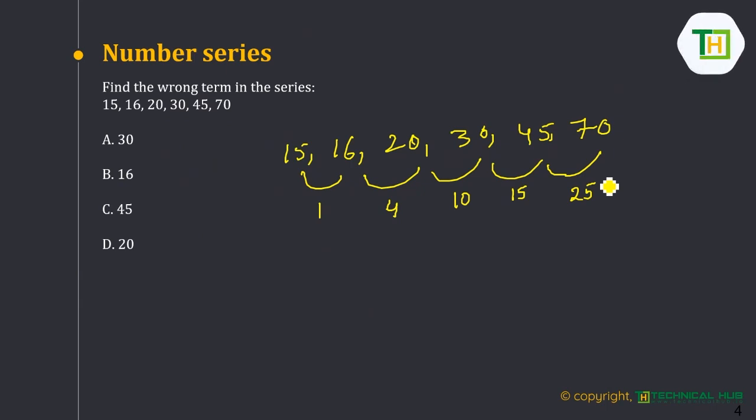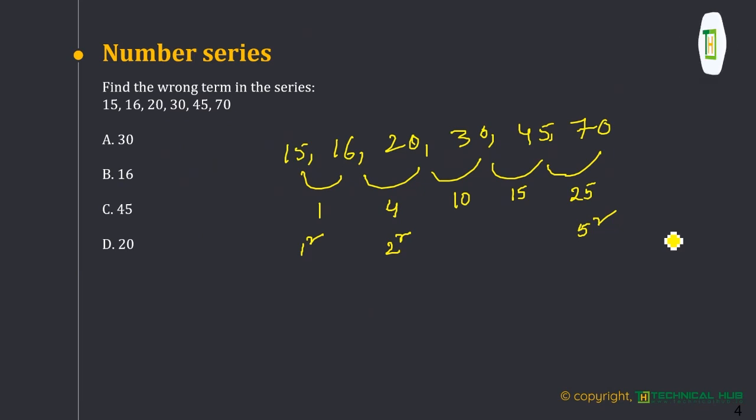If you observe the differences clearly, this is the square number 1 square, this is the square number 2 square, this is the square number 5 square. So 3 are squares. Once check it here, suppose 30 is the wrong term.